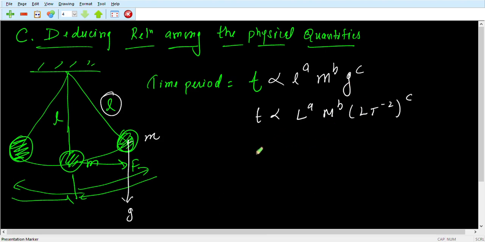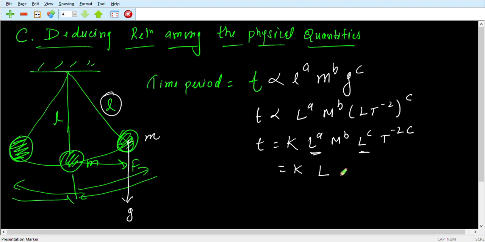If I want to remove this proportionality sign, one proportionality constant will come into the picture, and let us suppose it is K. So T is equal to K times L to the power a, M to the power b, L to the power c, T to the power minus 2c. To express it in the simplest way, you can write L to the power a and L to the power c together.